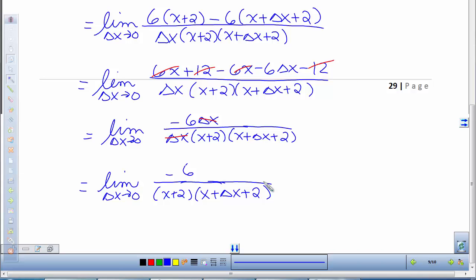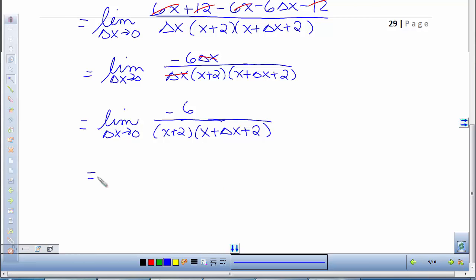And when we do, we're going to get x plus 2. If delta x is 0, then we have another x plus 2. So this gives us negative 6 over x plus 2 squared. Okay, so this is the derivative. All right, f prime of x is equal to negative 6 over x plus 2 squared.